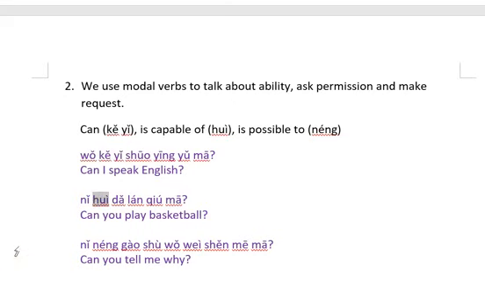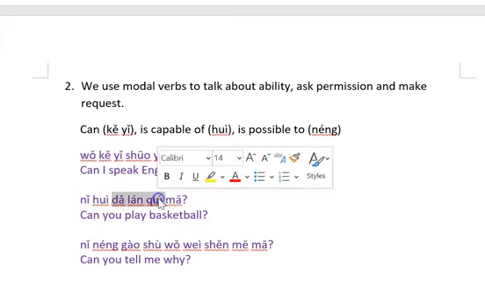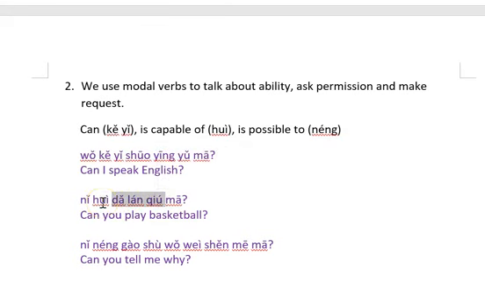It means is capable of. So 你 means you, 会 means can or is capable of. 打篮球 play basketball. Can you play basketball is also a yes or no question. We follow the same rule. A statement, 你可以打篮球, you can play basketball, with a question mark, 吗, at the end.